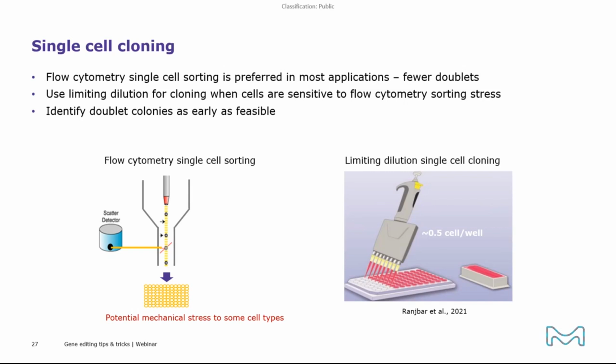And for this kind of cells, we recommend using limiting dilution to conduct single-cell cloning. And generally, a 0.5 cell per well dilution is a good compromise between colony formation percentage and doublet percentage.